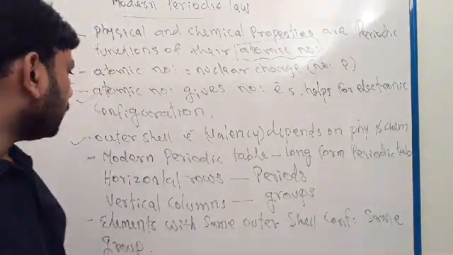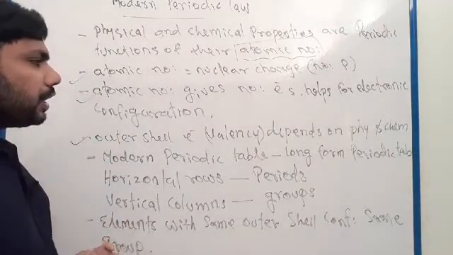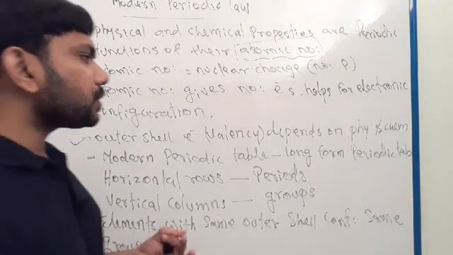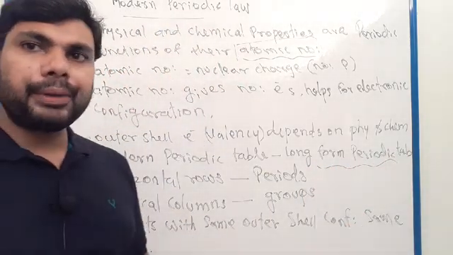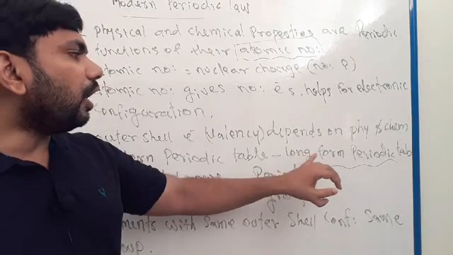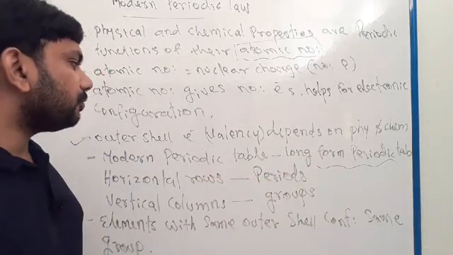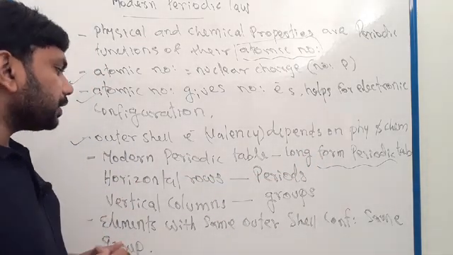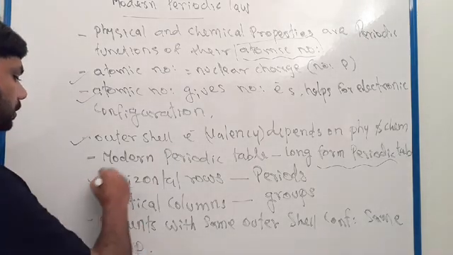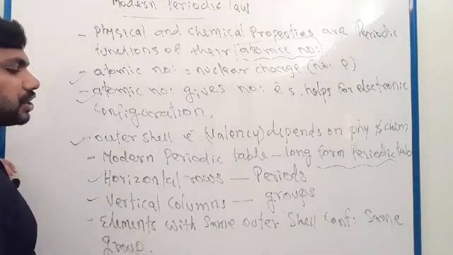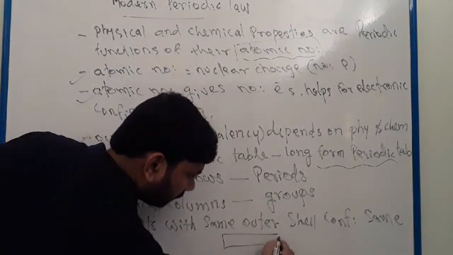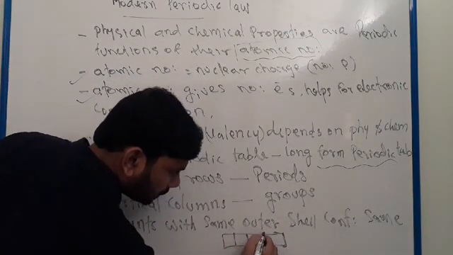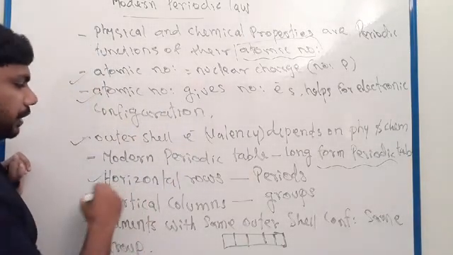Clear? Look here, the modern periodic table is also called the long form periodic table. In the periodic table there are horizontal rows and vertical columns. Horizontal rows are called periods.